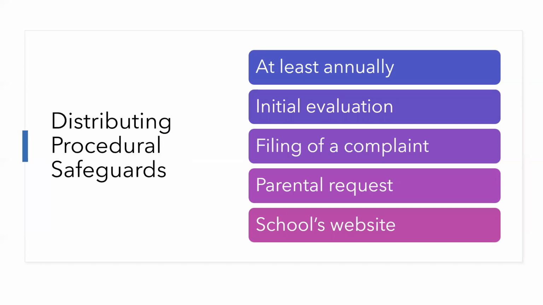The school must also provide a copy when the initial request for an evaluation is made, whether that's by the school or the parent. If at any time either party files a complaint, another copy is going to be provided. And finally, parents can always request it if they lose their copy or just want another one, and they should be able to access it on the school's website at any time as well.